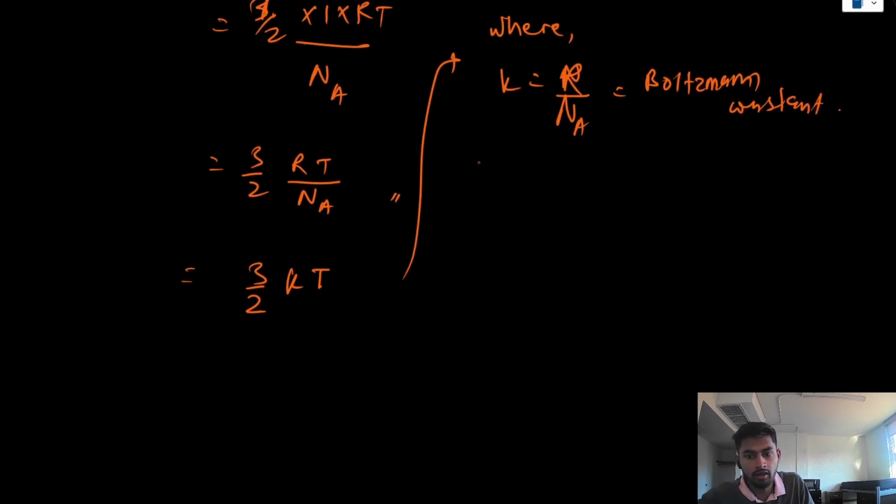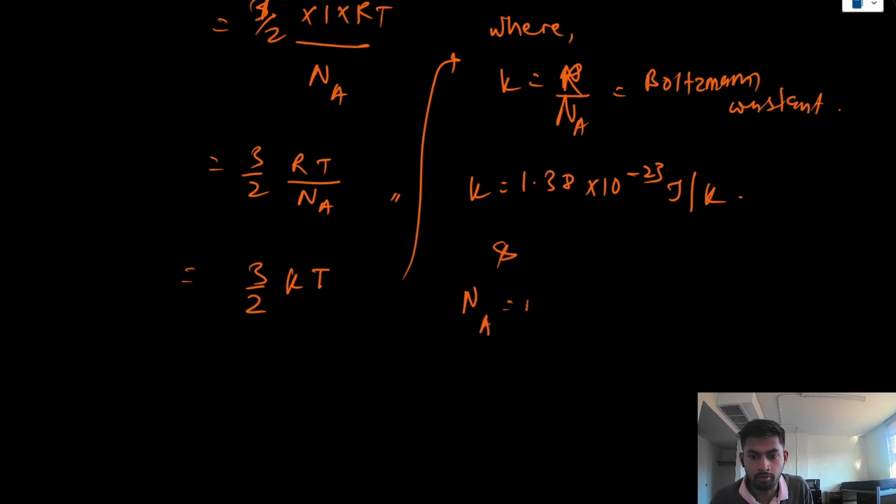What's the value of k? k is equal to 1.38 times 10 to the power minus 23 joules per Kelvin. And Na would be the number of molecules per mole, Avogadro's number.